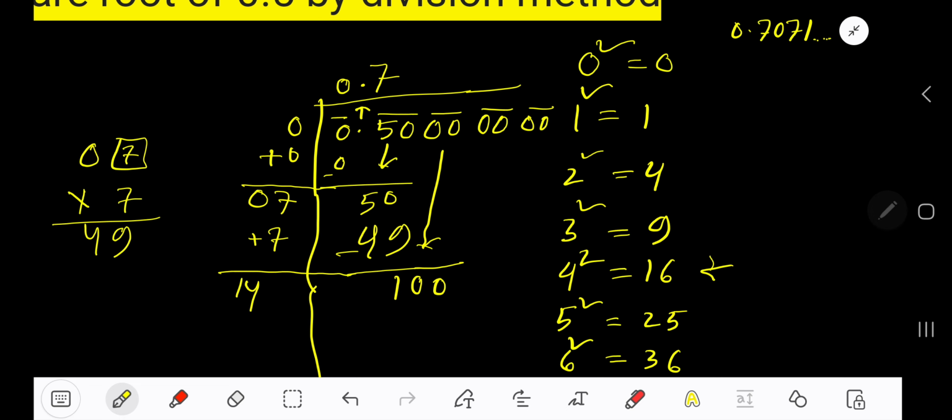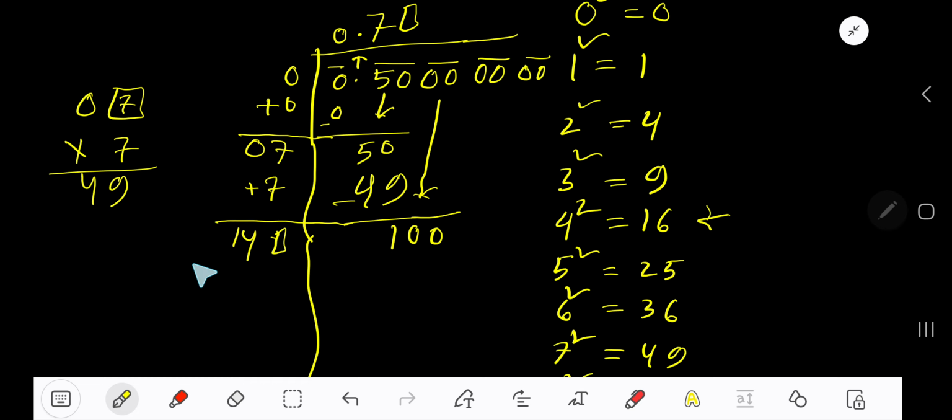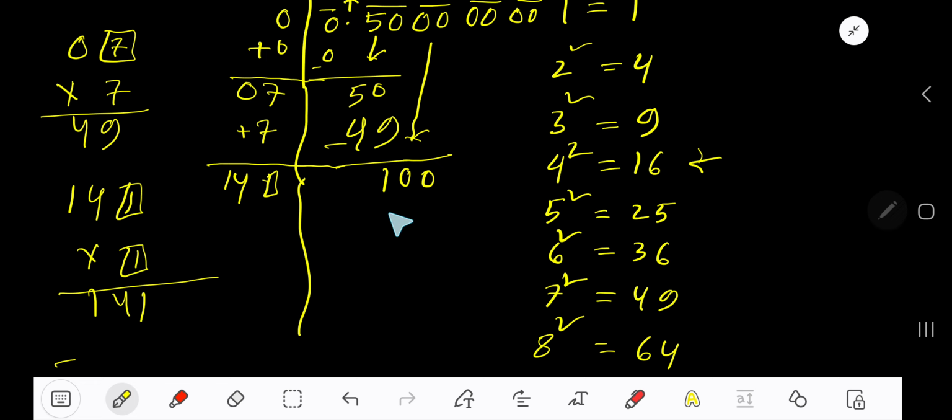Okay, so look, you have to place a number here, and also here. Also you need to add this number here. That is another step. Look, what you can assume, this is 14, then you have to take. If you take 1 here, then your result will be 141, which is greater than 100.